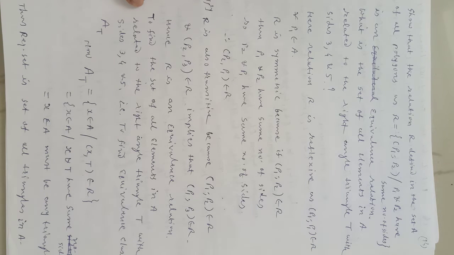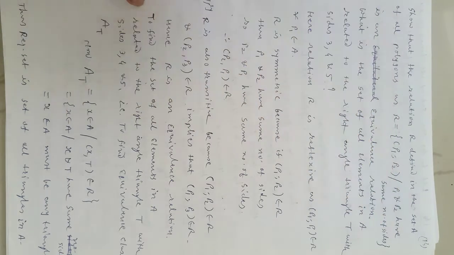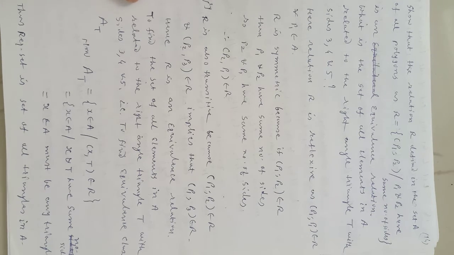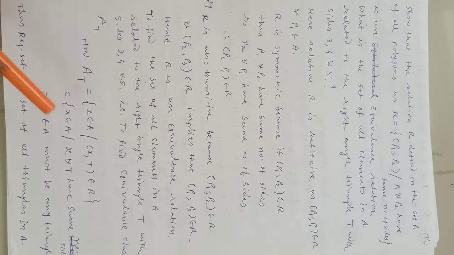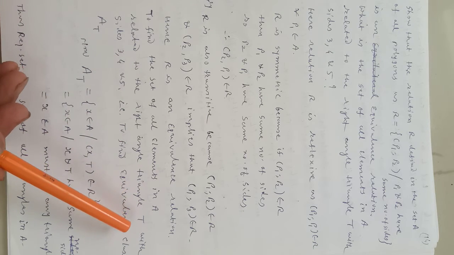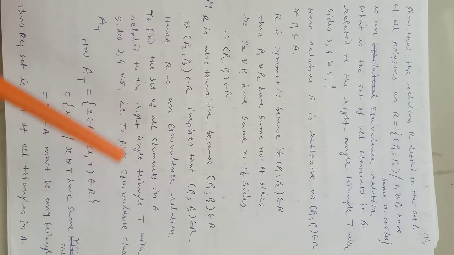Whether it is a right triangle, obtuse triangle, or acute triangle, we have no concern with that, because in our relation we are concerned only with the number of sides. So T has sides 3, 4, 5, meaning it has 3 sides. Now, read carefully: to find the set of all elements in A related to the right angle triangle T with sides 3, 4, 5 is to find the equivalence class of T.